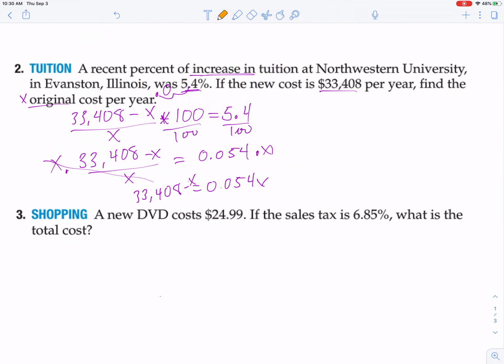Then what I'm going to do is go ahead and add x to both sides. And it turns out the stuff on the right is just like terms. Even though it's an ugly decimal, they're still like terms. 33,408 equals 1.054x. And I know to get a multiplier away from x, I should divide.